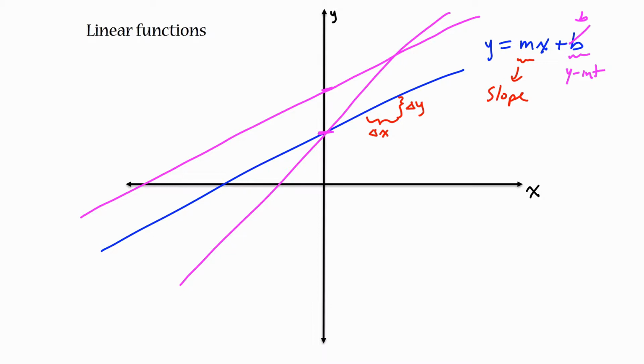And when you're modeling, you're going to use linear functions if you know that there's some proportional relationship between your variables that's constant over time.